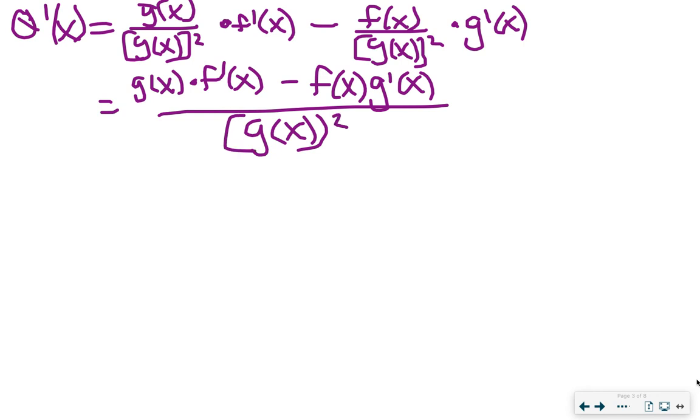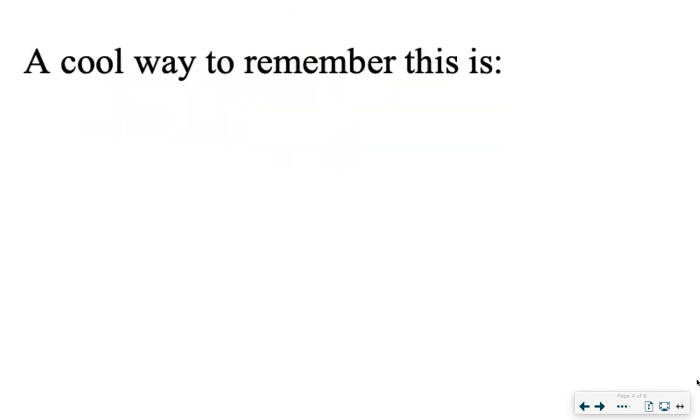And there is my quotient rule. Remembering that g of x was my original denominator, f of x was my original numerator. So rather than trying to memorize that, there's a cool little way to help us remember.